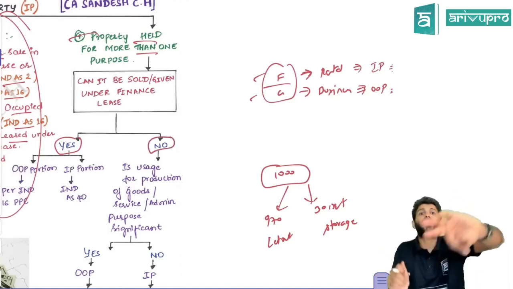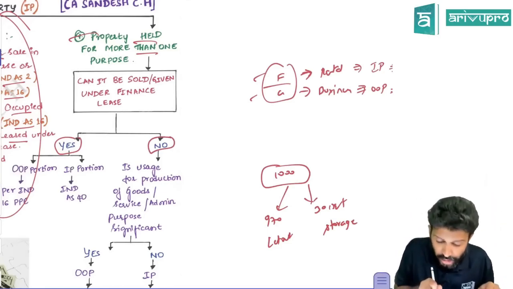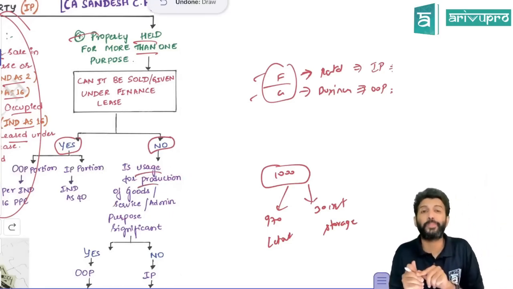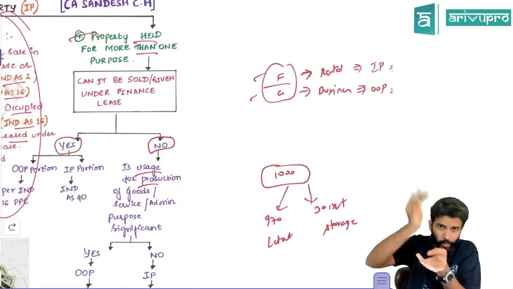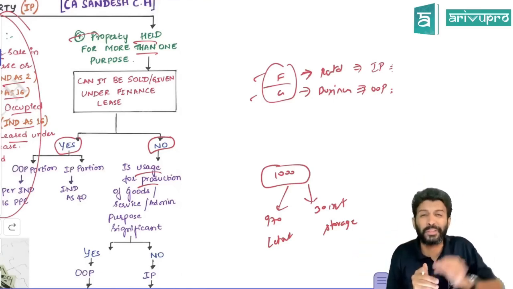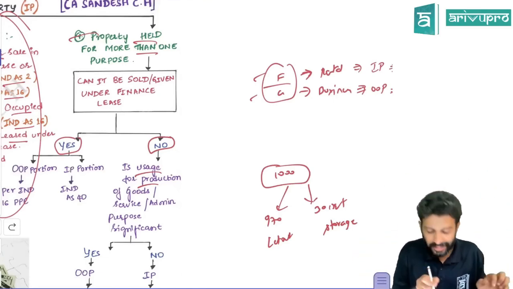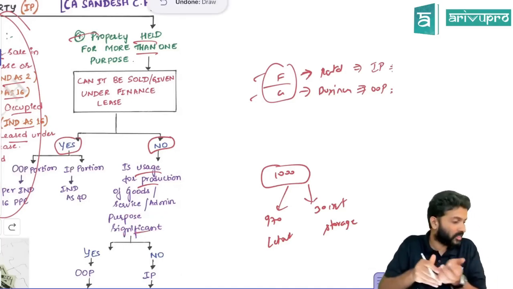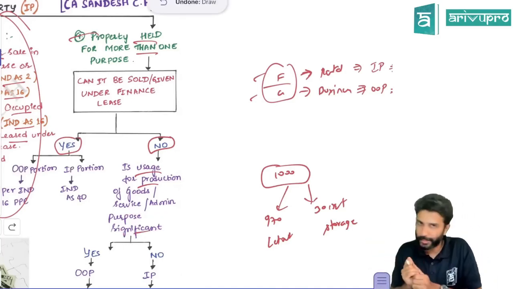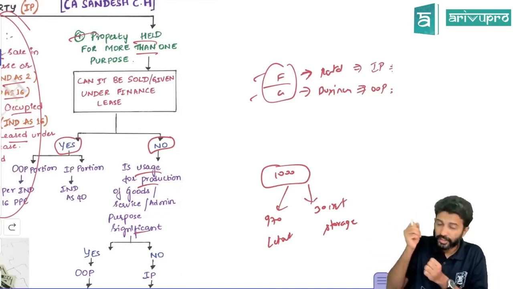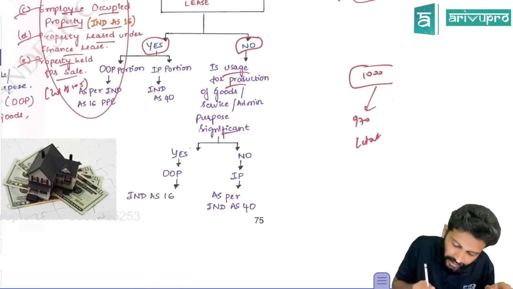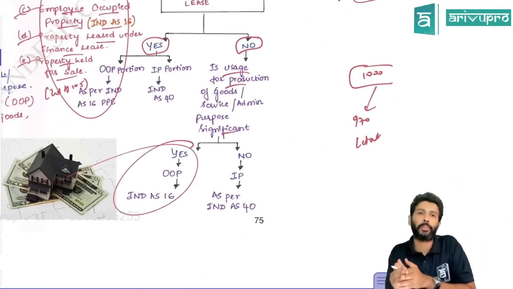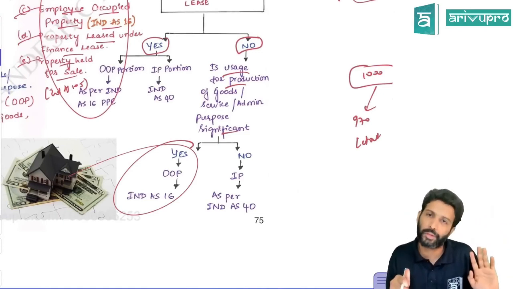If you cannot sell it or give it on finance lease separately, then you need to check the usage for business purpose. Is the usage for business purpose, meaning for producing goods, rendering service, or administrative purpose, significant? What is significant, they have not defined. You have to use a judgment call there. If this usage for business purpose is significant, then the entire property will be classified as owner occupied property, and IND AS 16 only will apply for it.